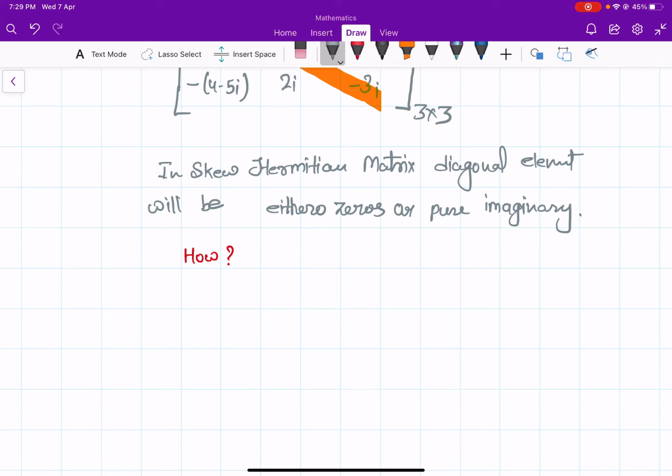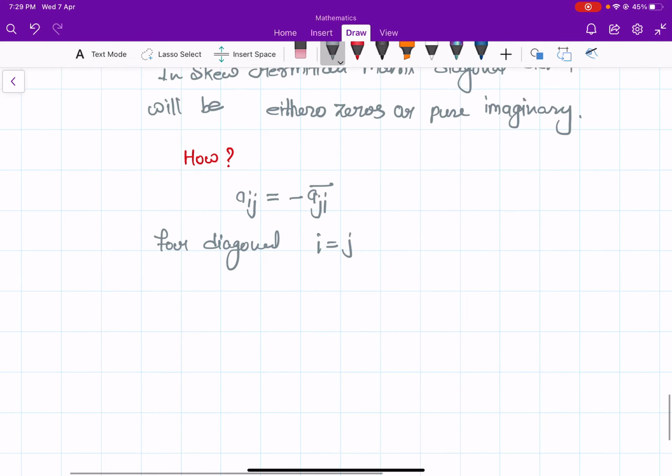If we consider the condition for skew Hermitian, that is Aij is equal to minus of Aji, that is element-wise and its complex conjugate. So for diagonal elements, in the case i is equal to j, we can write Aii is equal to minus of Aii and its complex conjugate.